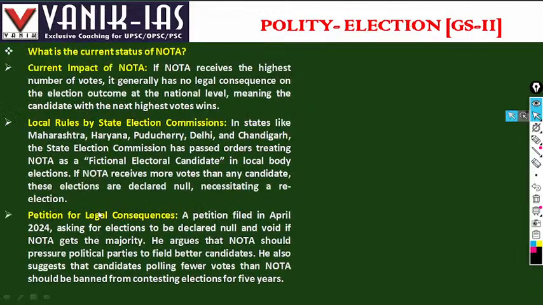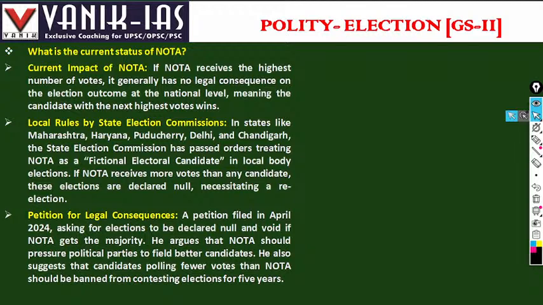Okay, so what is the current status of NOTA? If NOTA receives the highest number of votes in the election, it generally has no legal consequences on the election outcome at the national level, meaning the candidate with the next highest votes wins. NOTA is ineffective because the next highest vote-scoring individual is elected.